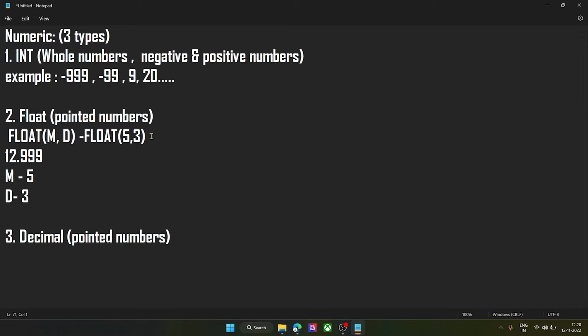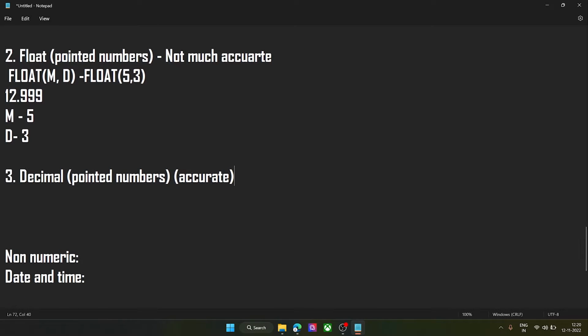The difference is that float is not very accurate, but decimal is accurate. If you put 12.999999, whatever you give, it will keep it in the same way.